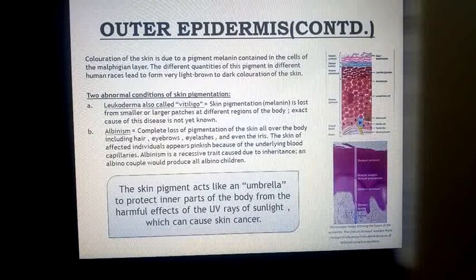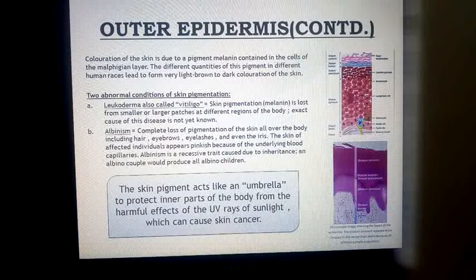Now, when the skin pigment melanin is lost from smaller or larger patches at different regions of the body, then it is called vitiligo or leukoderma. Got it, children? And the cause is still not known. It is yet to be known. And albinism is complete loss of pigmentation of the skin all over the body, including hairs, eyebrows, eyelashes, and even the iris.